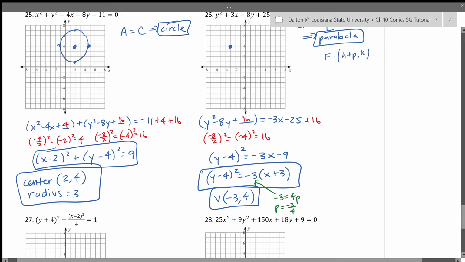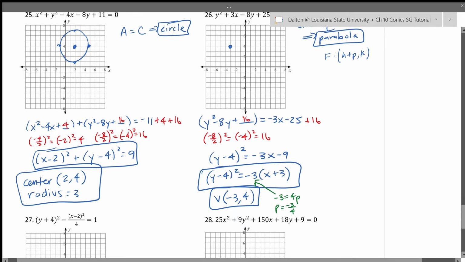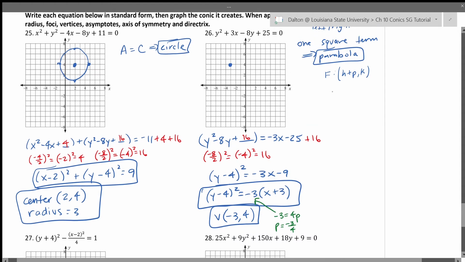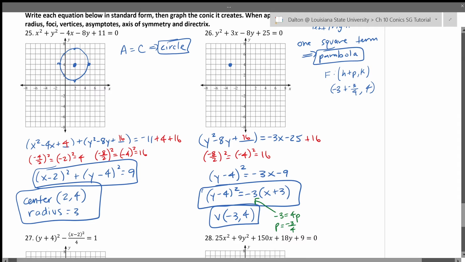And I'm going to use that to plug in to find the focus point. So if my focus is h plus p, I know h is negative 3, then I'm going to have negative 3 plus negative 3/4, comma, k is 4. Now remember, you're not going to have a graphing calculator to be able to just take care of these fractions very easily. So you need to go ahead and get your common denominators to be able to simplify this.